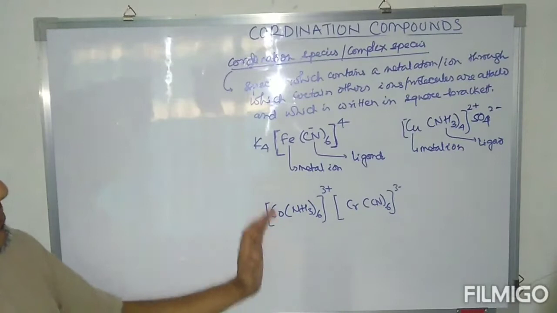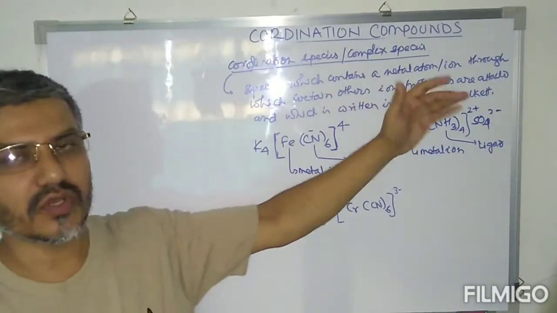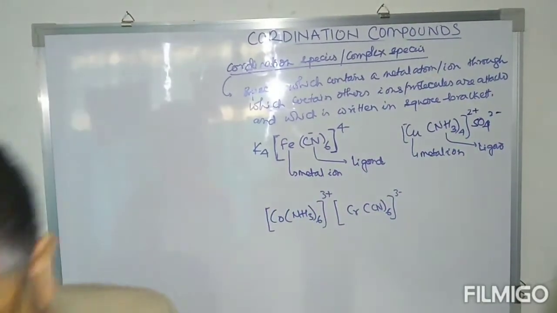This type of species is what we call a coordination or complex species.